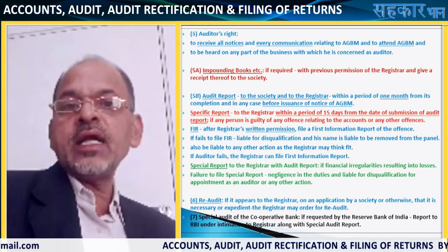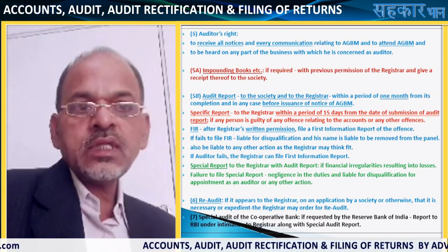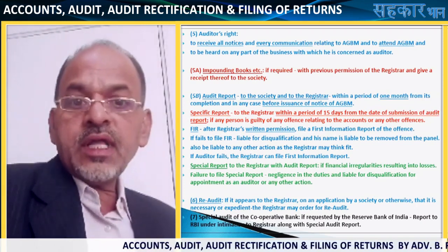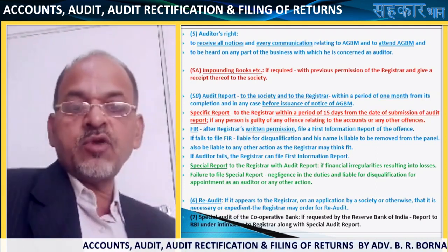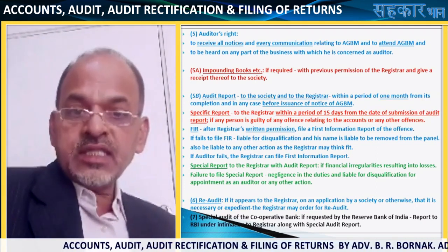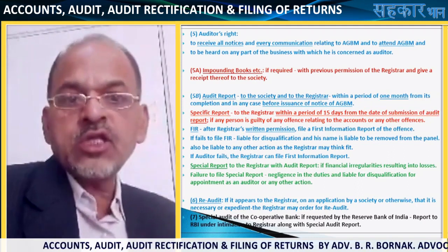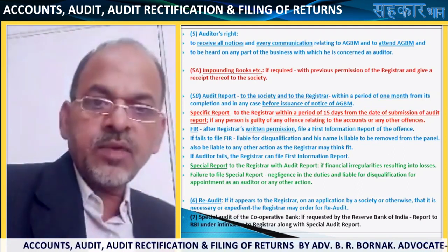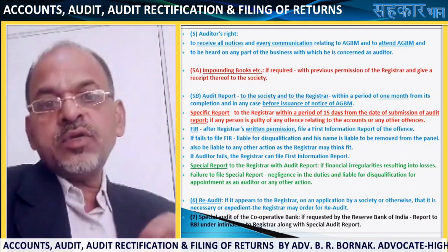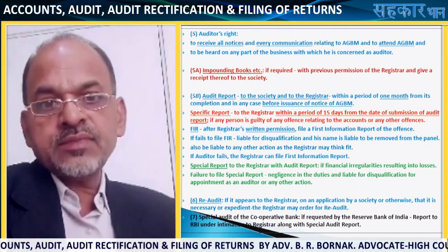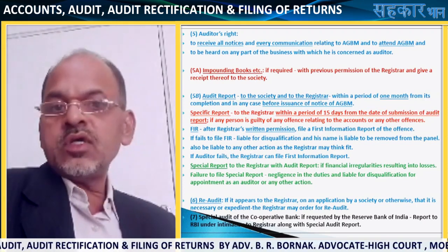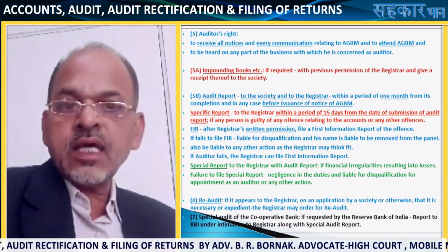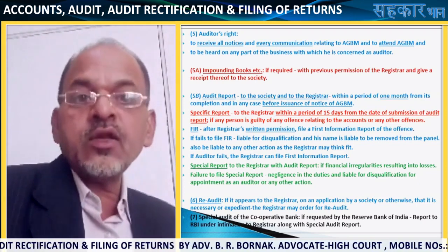If delay has taken place, then in any case the auditor will have to submit to the registrar before issuance of notice of the annual general body meeting, because in the notice of the annual general body meeting, it is to be taken on the agenda as a subject about the audit report.